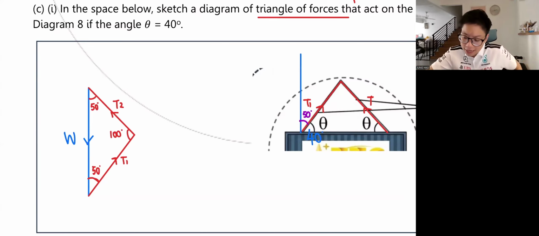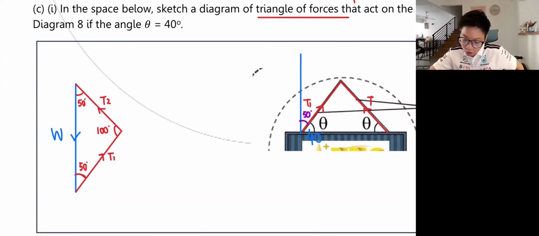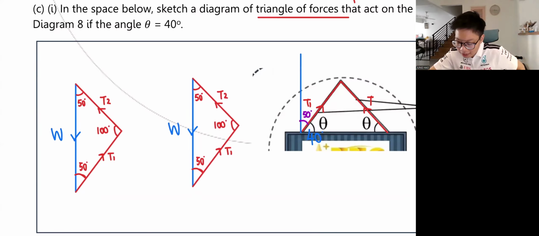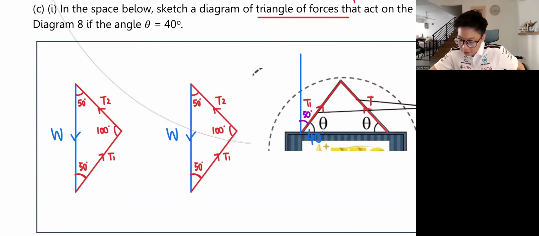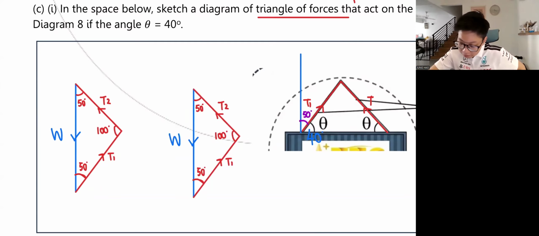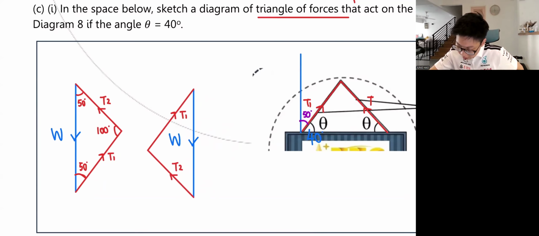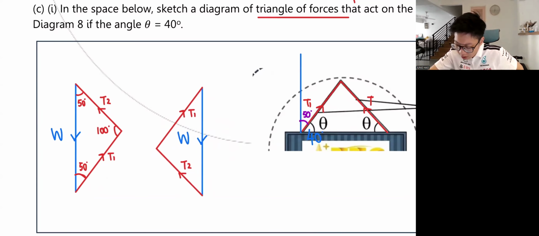But of course, guys, if you don't want to draw this way, there's one more answer which I can also accept. You can take the same thing, but put this T1 here and this T2 here, and this is also acceptable.